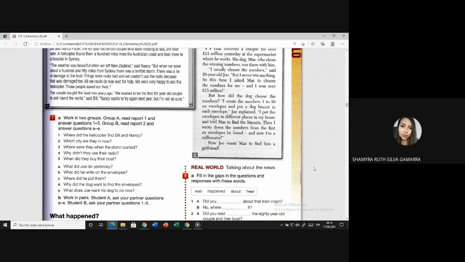In Sydney. Where were they when the storm started? Boat. Why didn't they use the radio? Because it was broken. When did they buy their boat? 2 years ago.